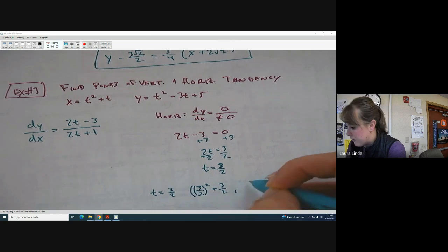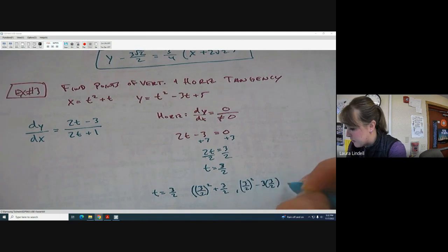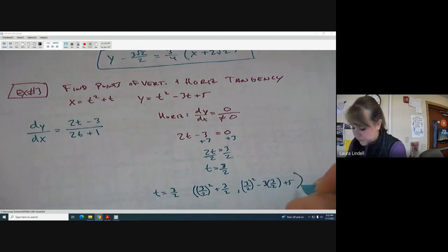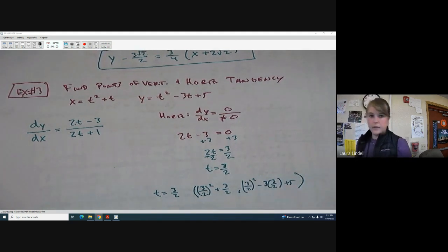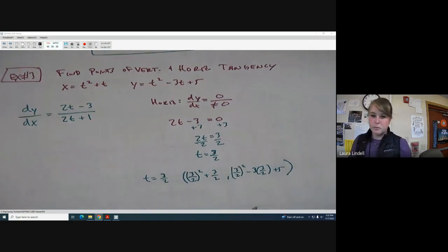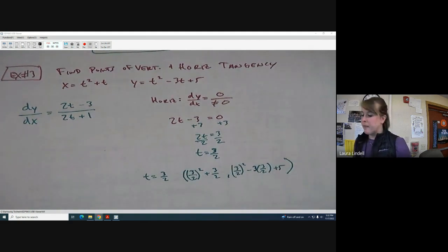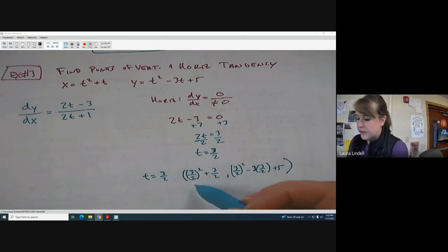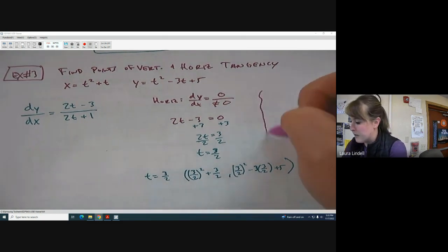And then the y value, 3 over 2 squared minus 3 times 3 halves plus 5. I'll let you guys multiply that out and add it together. And we're going to move on to vertical tangency.